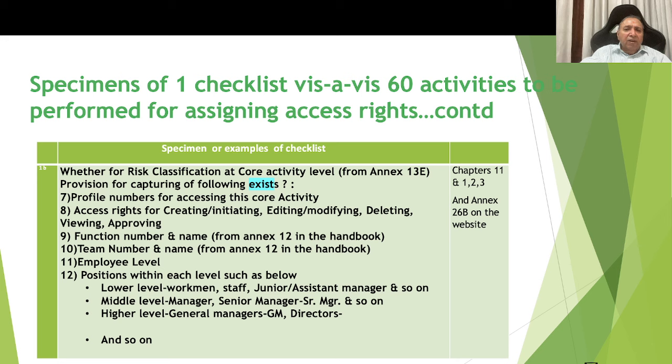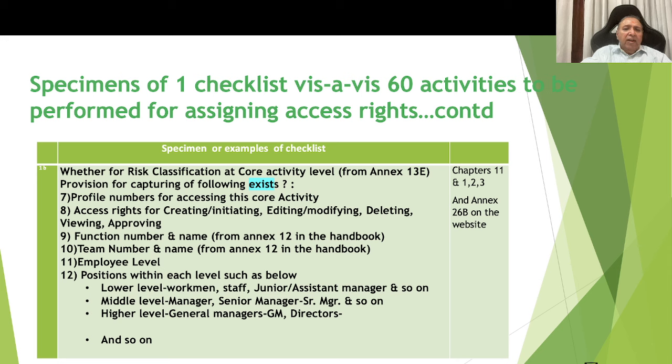Another example, in continuation of that, which was point 1a at the header level. At the detailed level, one has to say whether there is classification for core activity level. The provision of the following aspects should exist in the checklist.